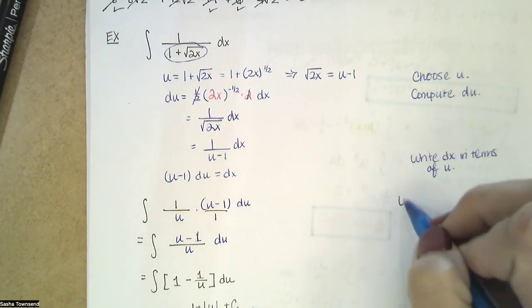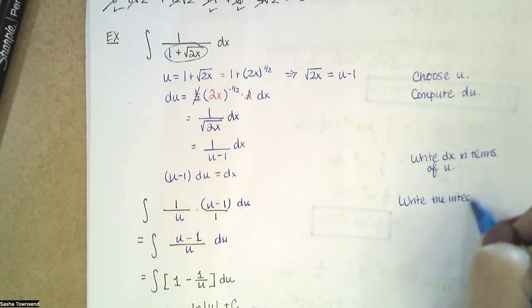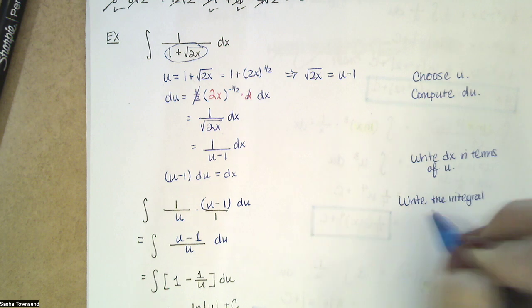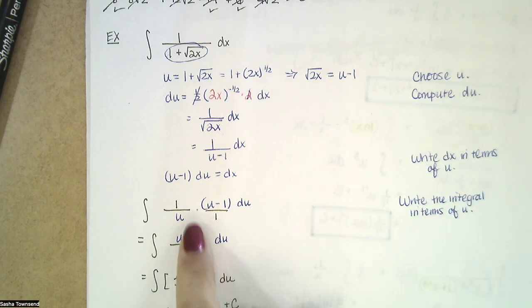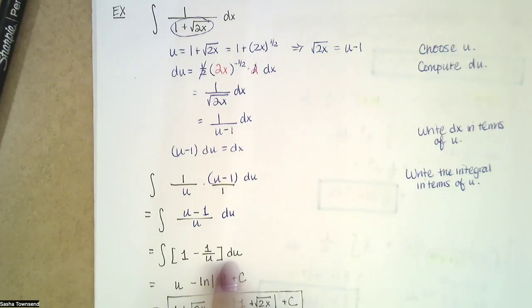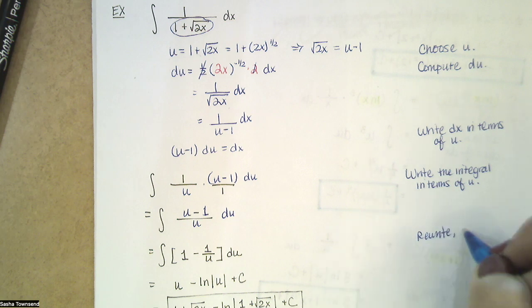So you're going to write everything in that integral in terms of u. The dx needs to be written in terms of u. The integrand needs to be written in terms of u. And then we simplify that, and we say, do I have a rule for that? Not yet, but if I divide term by u, I get something that I do have a rule for. So then we do the rewrite so that our basic rules apply.